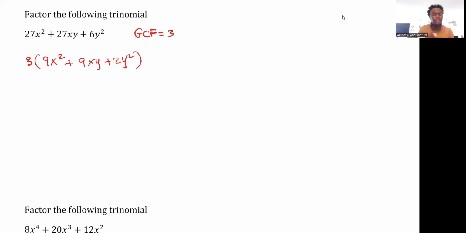And then I'm still going to do the same, multiplying the coefficients of the squared terms, because we have x and y. Don't be scared to do that, because it's going to take you to the same place. So the multiplication of 9 and 2 will give me 18. Now, two factors of 18 that add up to 9.